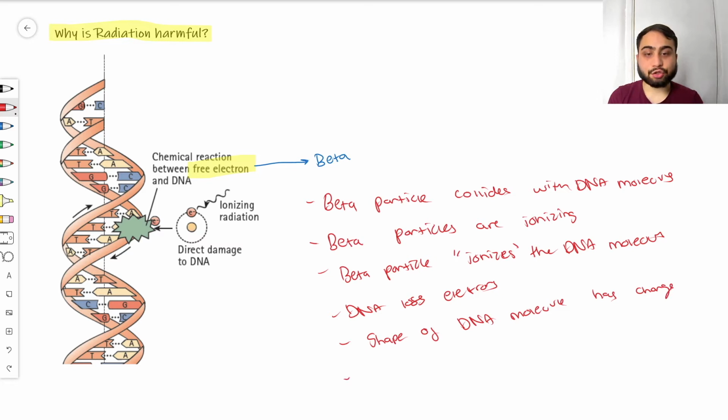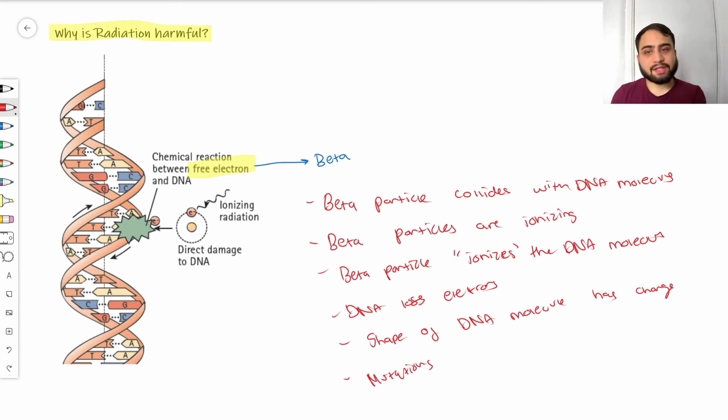And that leads to mutations. So mutations really occur when there's a breakage or a change in the actual DNA here. And here we can see that a beta particle, when it collides with a molecule of DNA, strips electrons away. It actually changes the actual structure of DNA, mutating it, which is why radiation is harmful, because this mutation could then have a sort of domino effect and lead to a cancer growing.